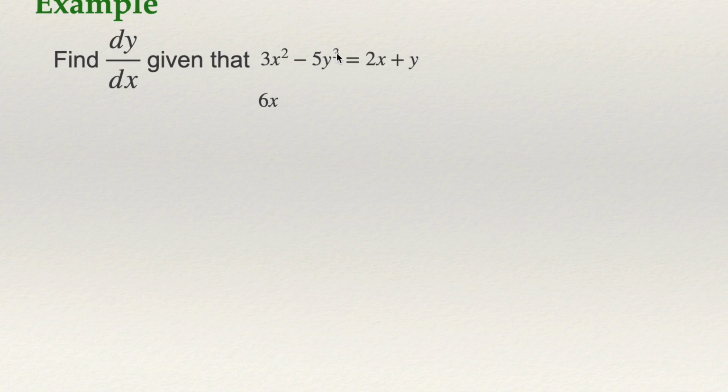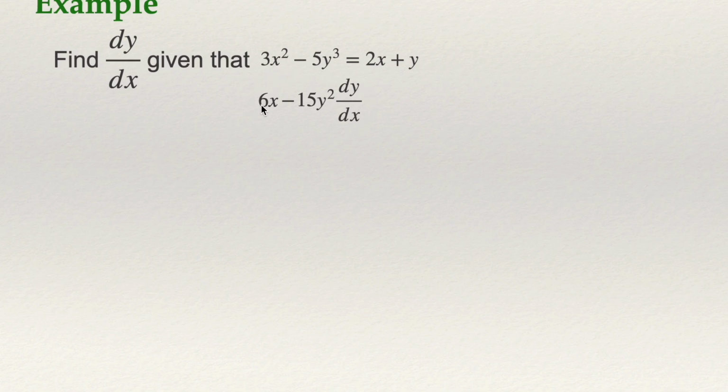So let's do it. 5 times 3, 15, will be minus 15y squared, multiplied by the derivative of the inner function, and the inner function is y. So anytime that you have a dependent variable, you need to multiply by the derivative of this dependent variable with respect to x, that is the independent variable.